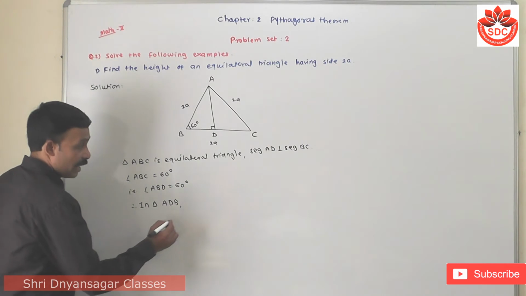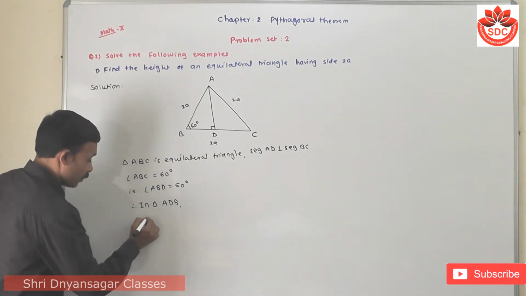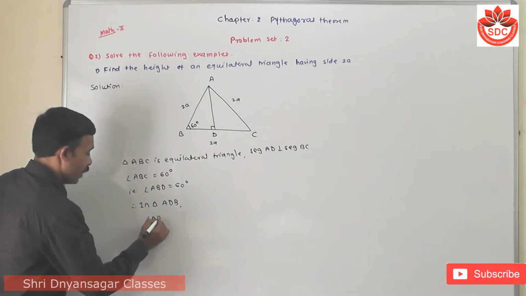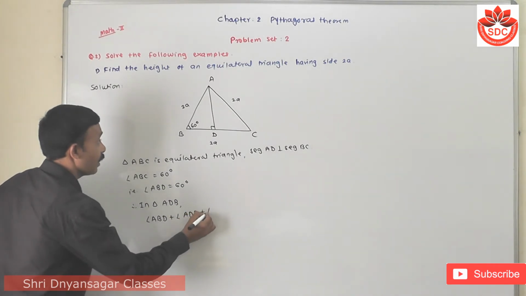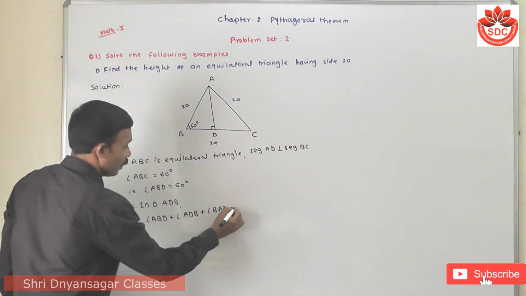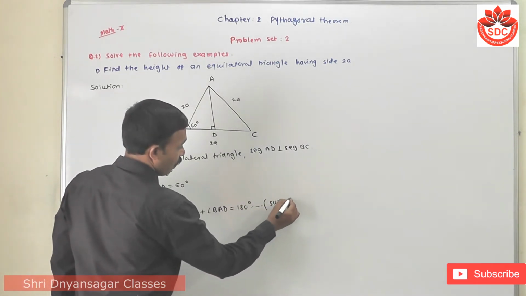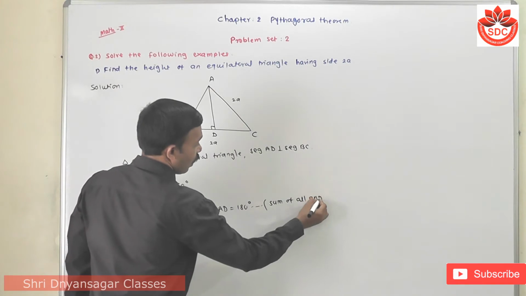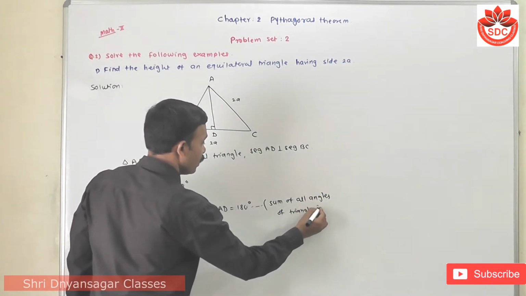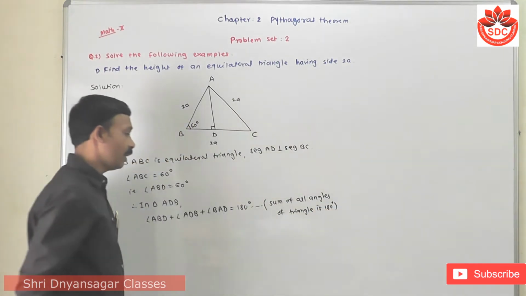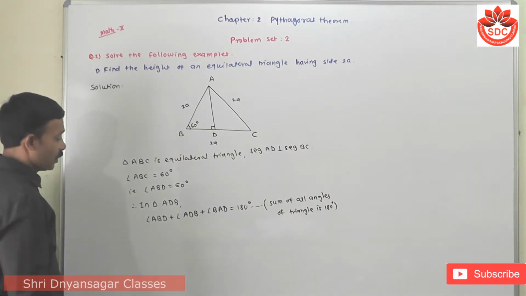Now all of you know that the sum of all angles of a triangle is 180 degrees. So by using that, angle ABD plus angle ADB plus angle BAD is equal to 180 degrees, because the sum of all angles of a triangle is 180 degrees. Now substitute the values.